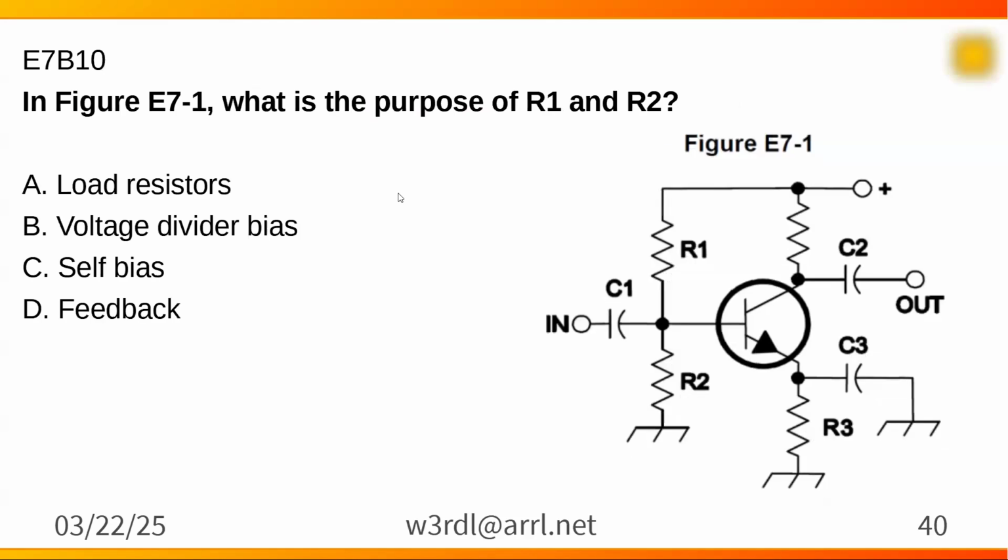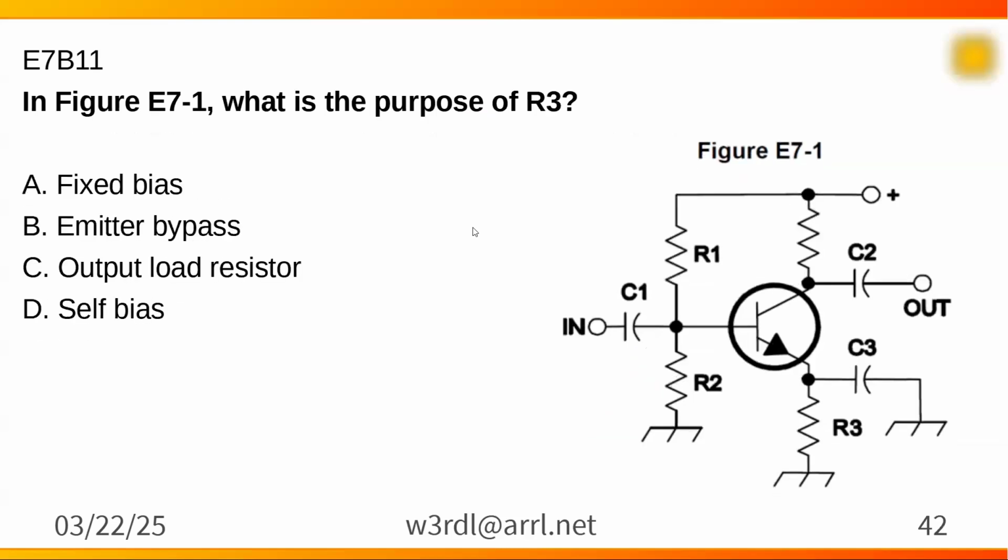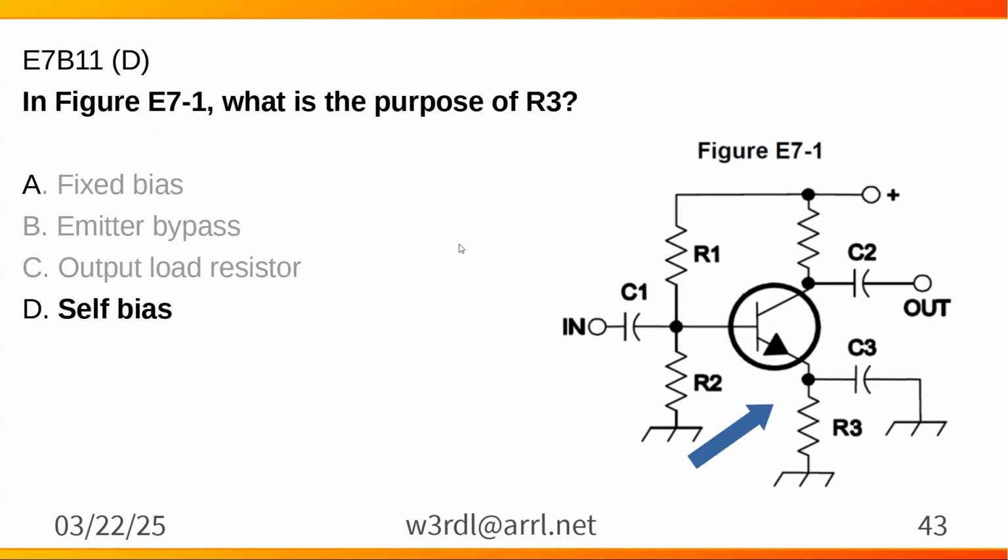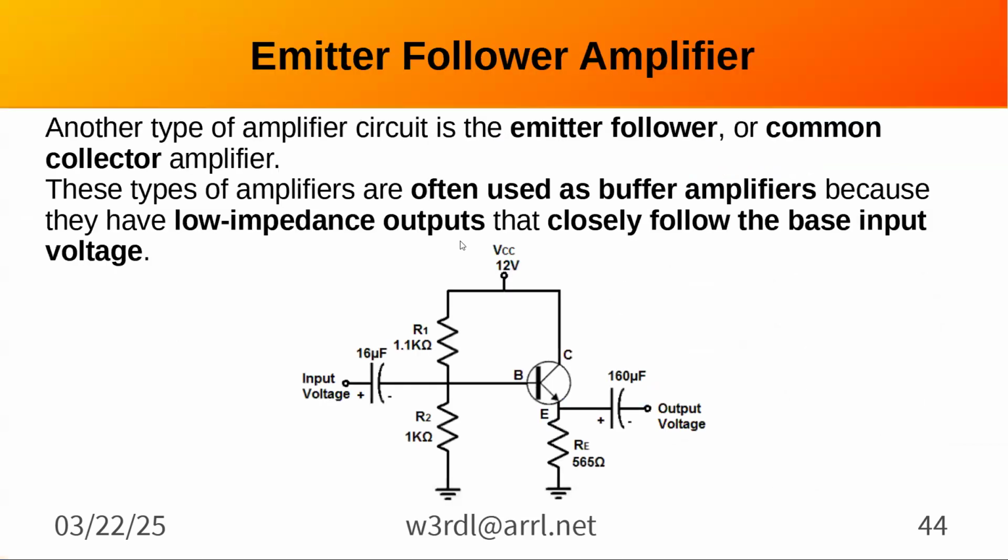So in E71, what's the purpose of R1 and R2? Voltage dividers. Bias. It should be voltage divider. What's the purpose of R3? Self-bias, yes.